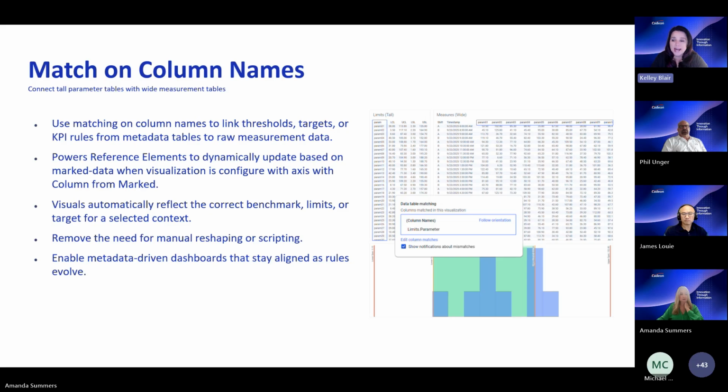That can be really useful for something called reference elements, which will be coming up in a moment, but basically helping us take a couple different views of that same set of data, in those two different pivoted and unpivoted views.